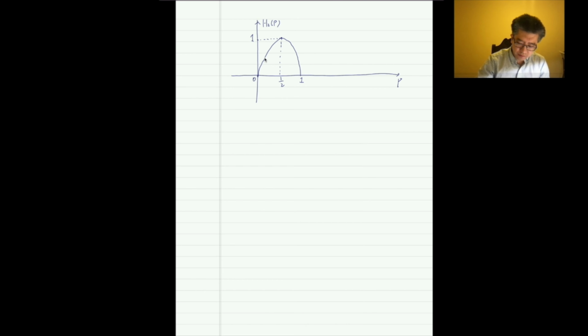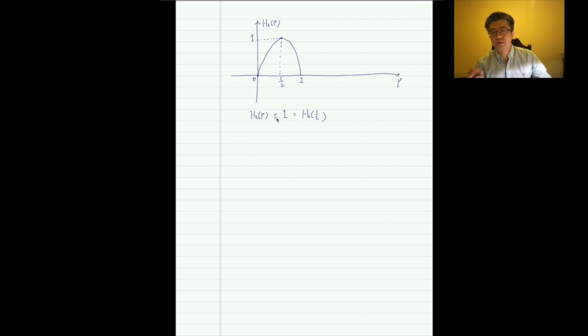Another thing we want to emphasize is that it makes sense that the entropy is maximized here, so everything else should be less than 1, but that is h2(half). That makes sense.